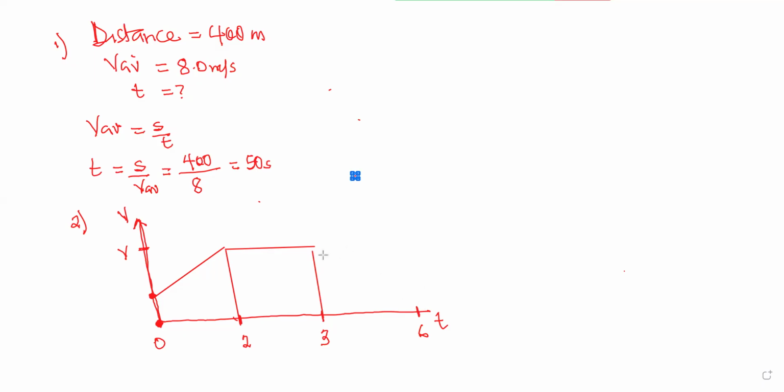So we cannot end here, but we are told it decelerates for a further 3 seconds. So we can only end here. And this cannot touch the time axis, because we were not told that it decelerates to rest. So obviously, when you look at the graphs, clearly the first graph is right.